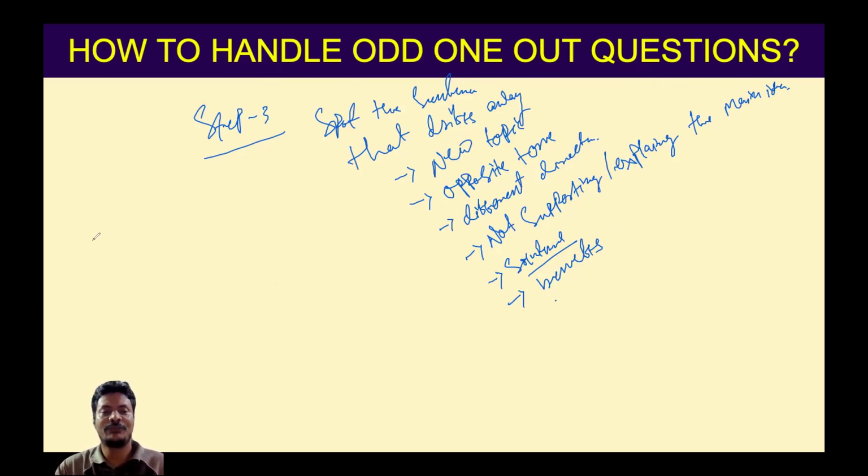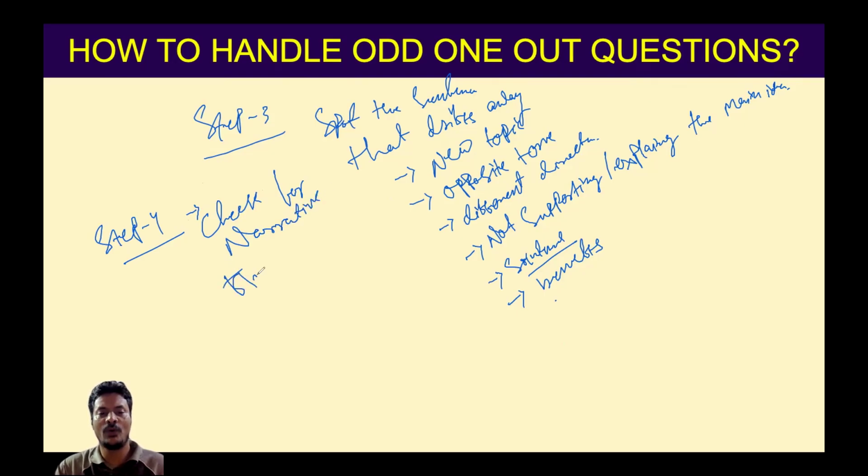Step four is called check for narrative flow. What do we mean by that? Try arranging the remaining four sentences in a paragraph.